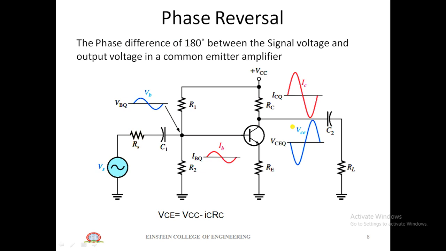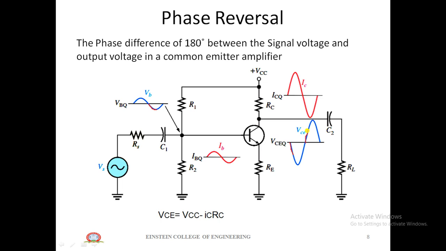In common emitter connection, when the input signal voltage increases in the positive direction, then the output voltage will increase in the negative direction. And if the input voltage increases in the negative direction, then the output voltage will increase in the positive sense. This is the phase reversal.